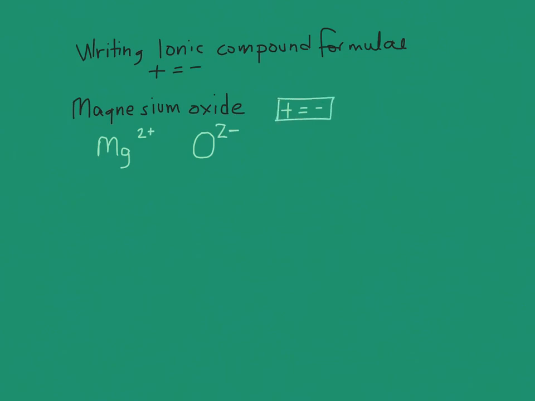That's what our goal is. And since +2 equals -2, they're going to cancel each other out. So the new chemical formula for this will be MgO. So that's a pretty straightforward and simple way to look at it.